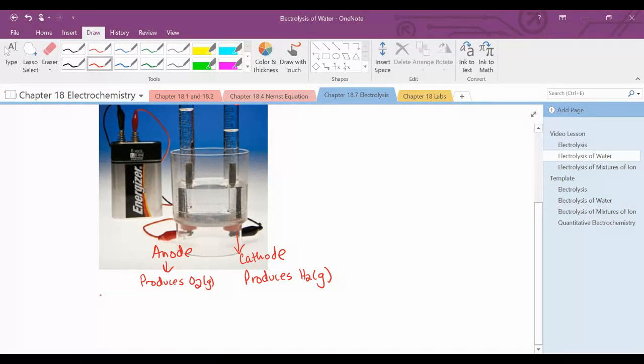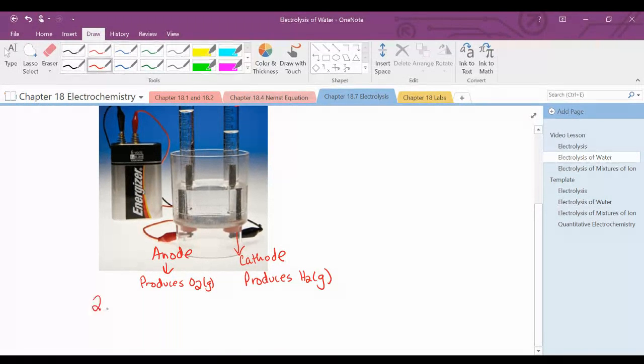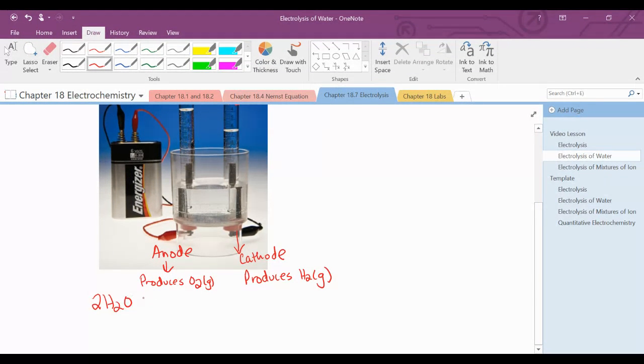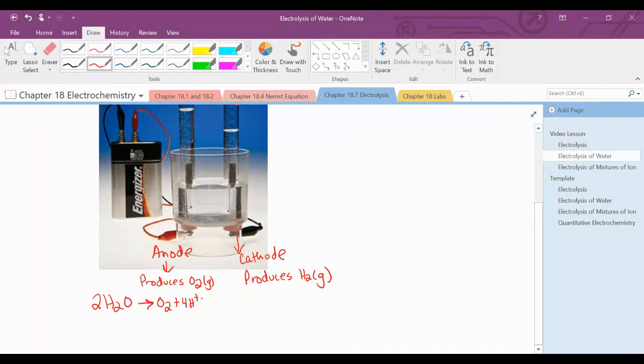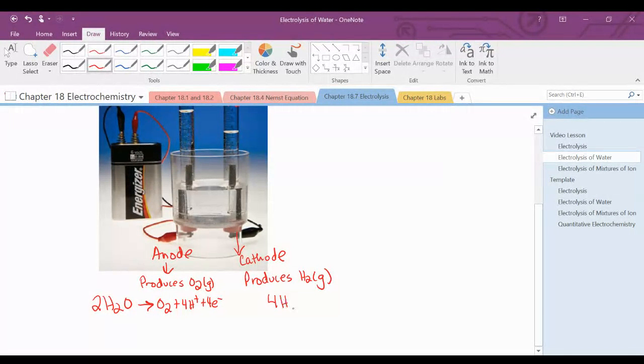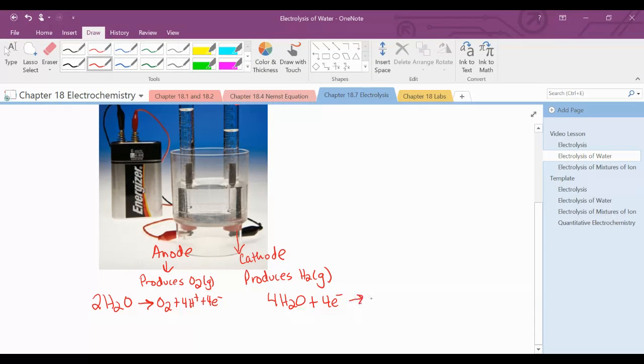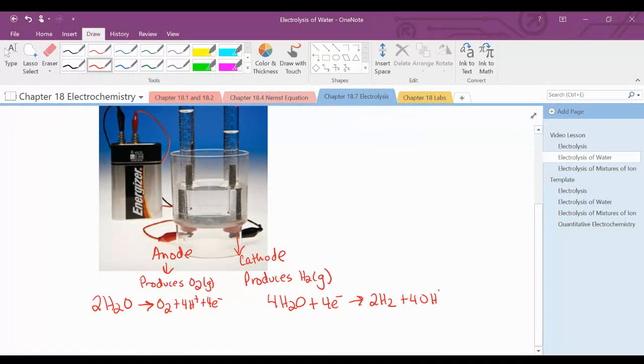The reaction on the anode side: water forms oxygen gas, hydrogen ions, and electrons. On the cathode side, water plus electrons forms hydrogen gas plus hydroxide ions.